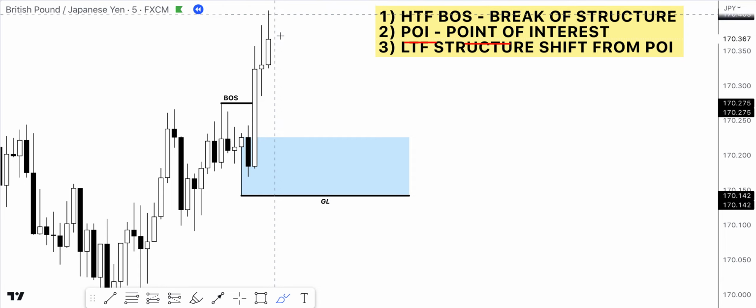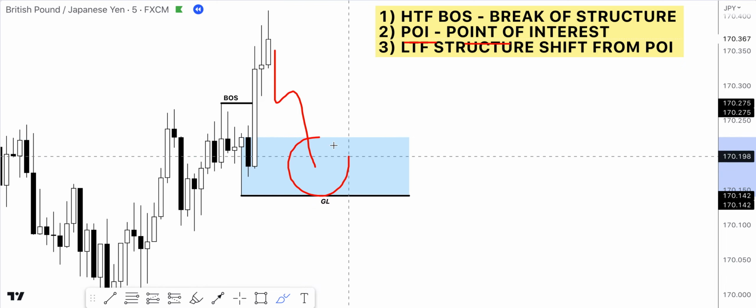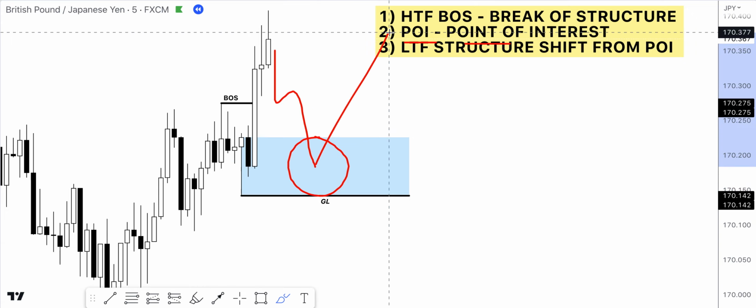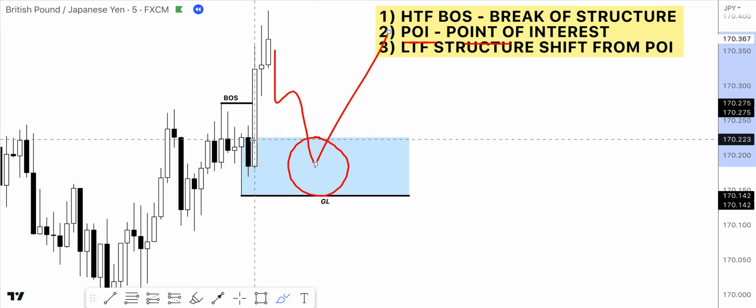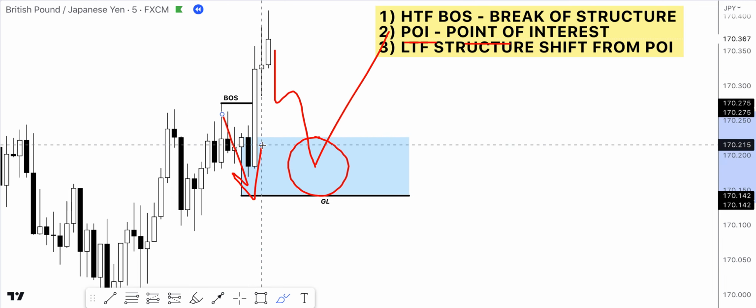So us as traders, when price comes back into our extreme demand, what we're anticipating is that these institutions who stepped in long here are going to enter more long positions, and they're also going to close the sell positions that they used to create this liquidity.